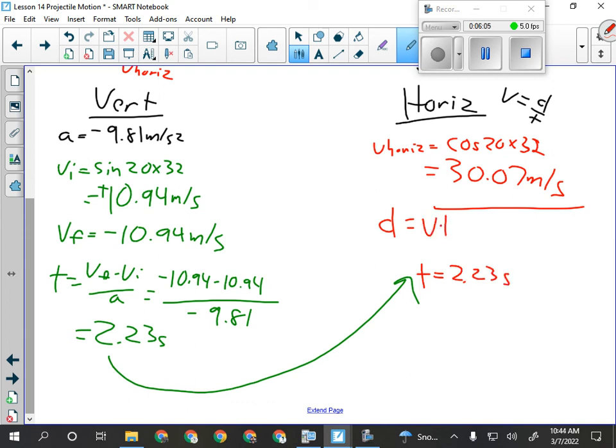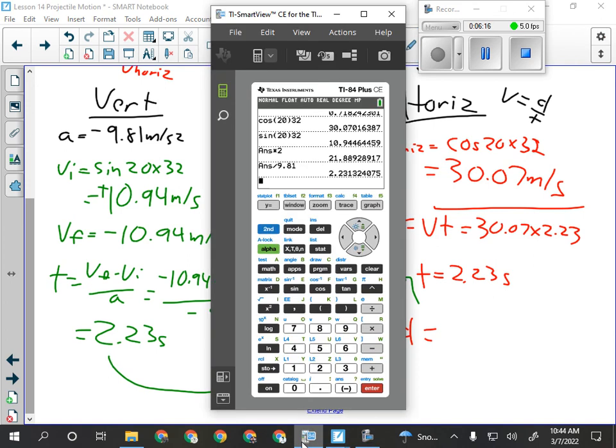So now I can calculate D. So 30.07 times 2.23. Okay, so the distance across the riverbed, the distance this car flies through the air is 67 meters.